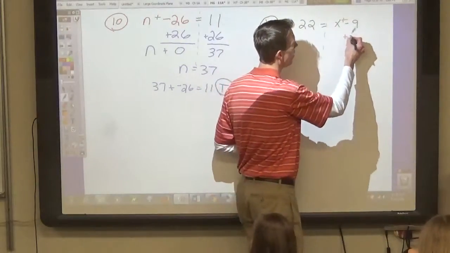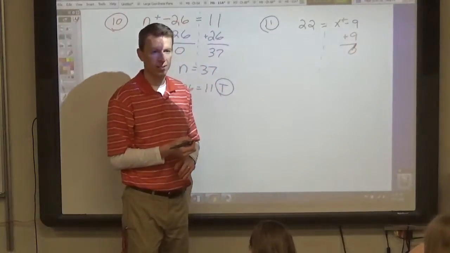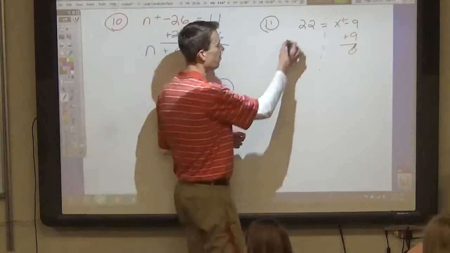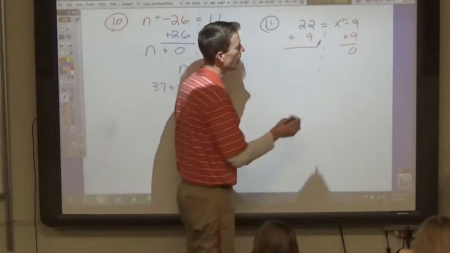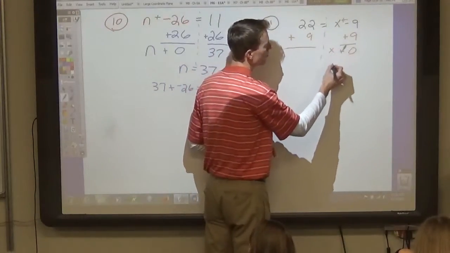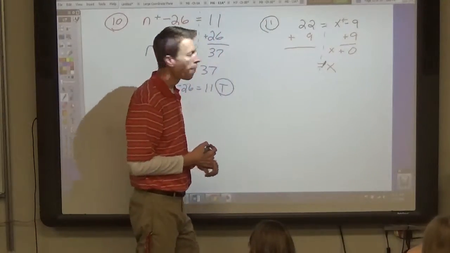Positive 9, very good. And then what do you add to the other side? Same thing. Positive 9. That proves our solution. X equals what? 31. Good.